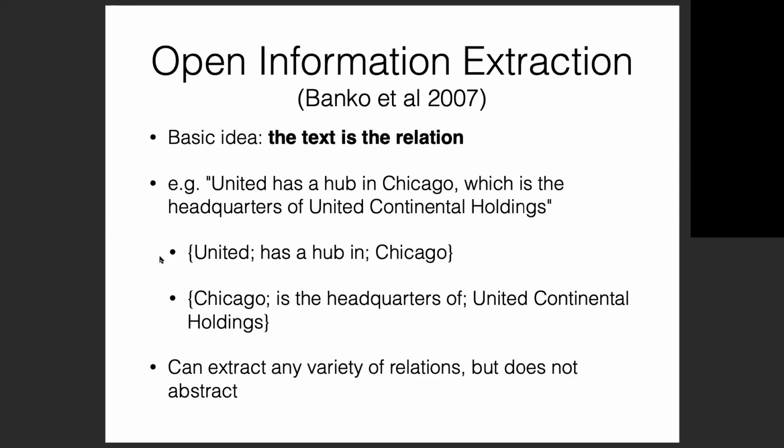However, it makes it difficult to abstract. For example, if we had United Continental Holdings has its headquarters in Chicago, that would mean virtually the same thing as the second example here, but they wouldn't be able to be easily decided to be the same piece of information, unlike a regular relation extraction system.